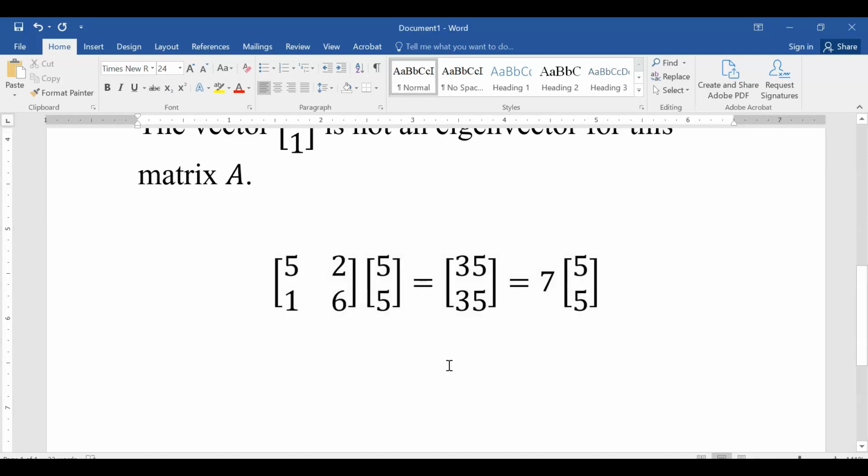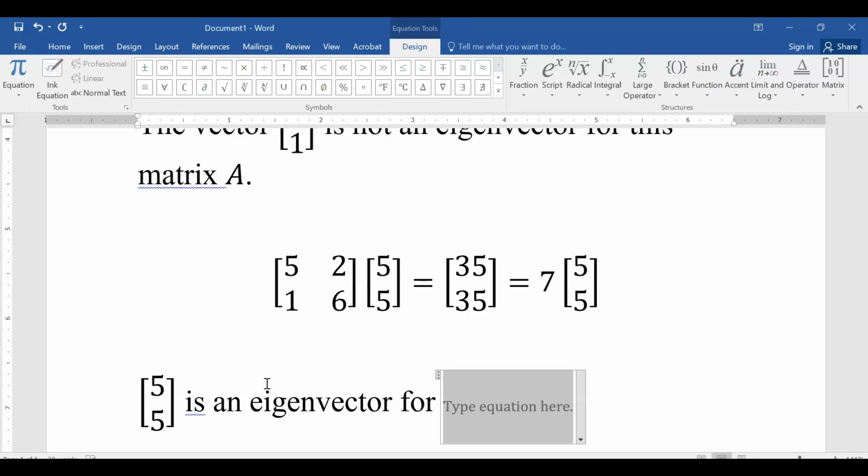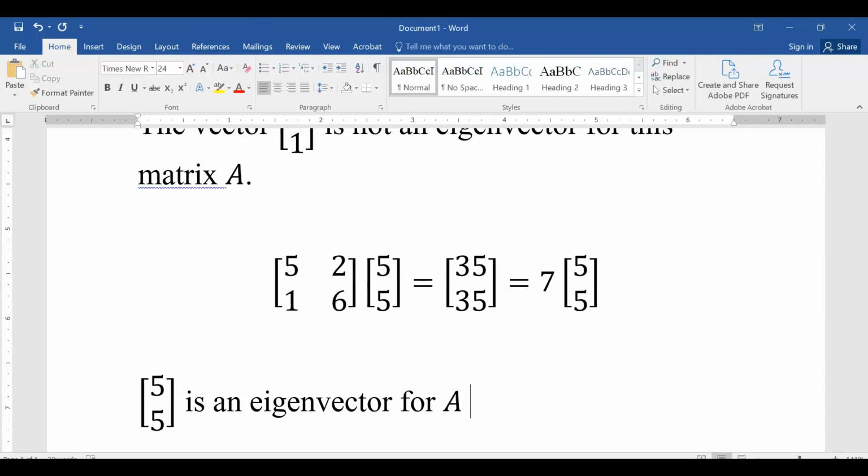So 5, 5 is an eigenvector. So that vector right there is an eigenvector for the matrix A. And moreover, it has eigenvalue of 7. All right, so the eigenvector 5, 5 has an eigenvalue of 7.